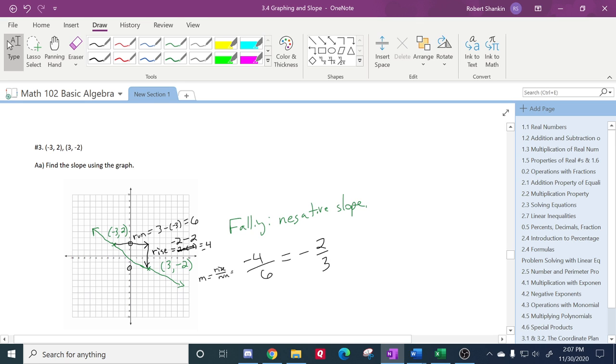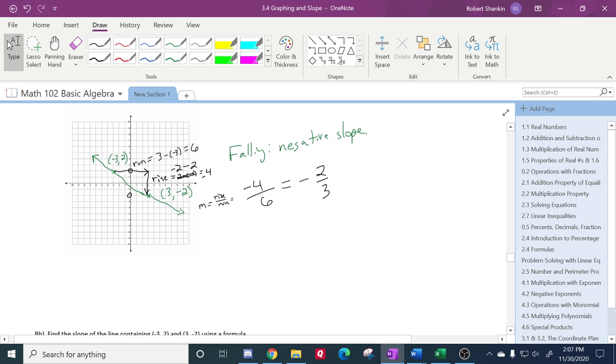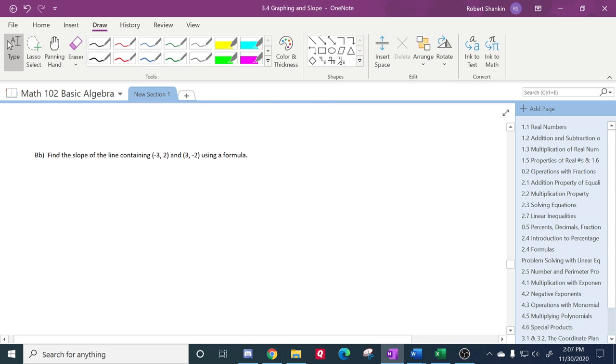Any questions? Okay. Now find the slope containing the same 2 points using just the formula. So go ahead.